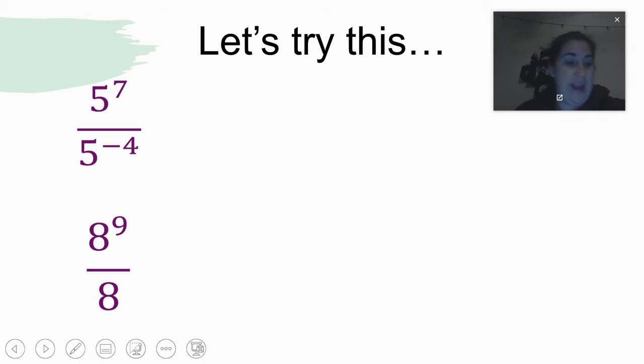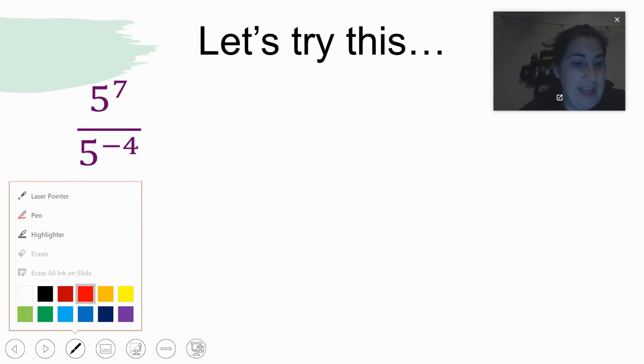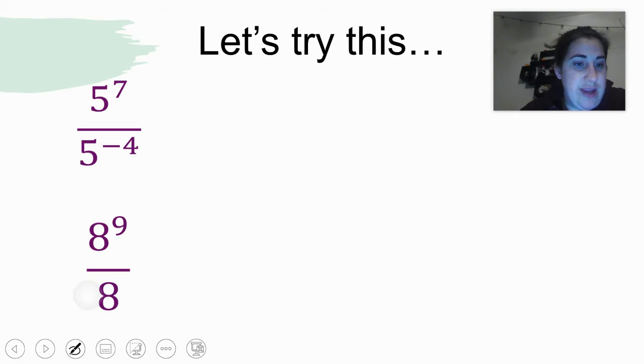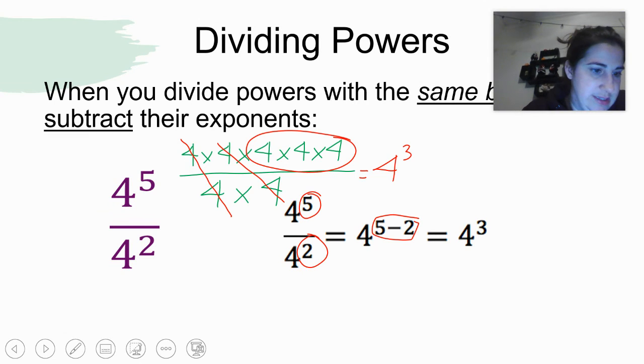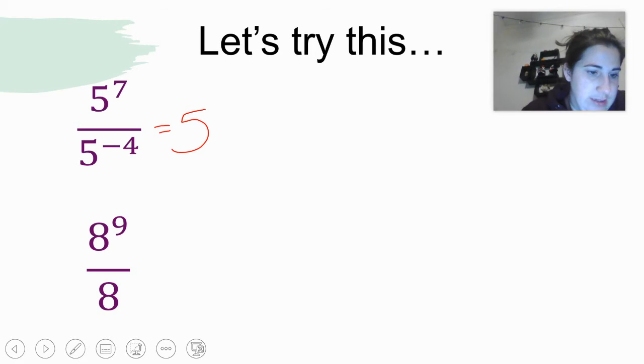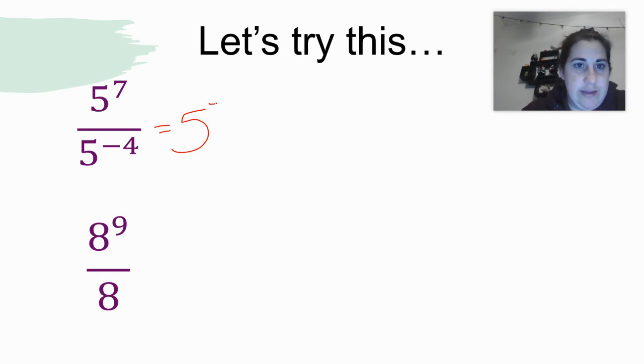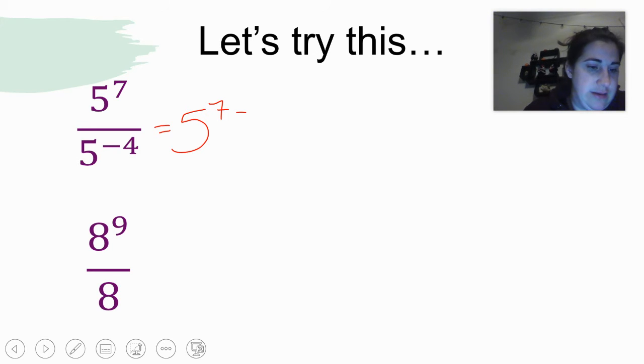Ooh, here, I added something for you. I actually added in a negative. So let's try this. I'm going to take 5 as my base. I'm doing 7 minus negative 4.